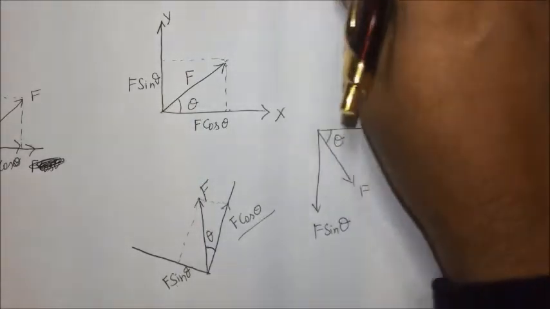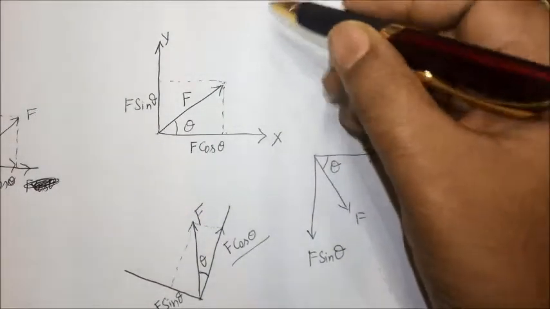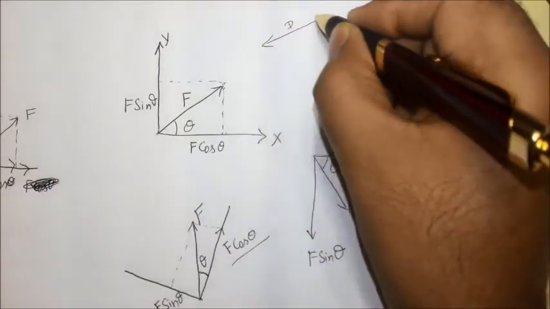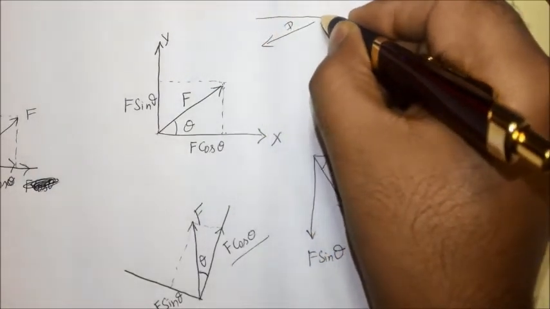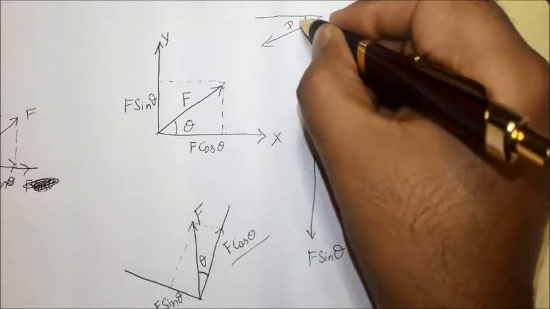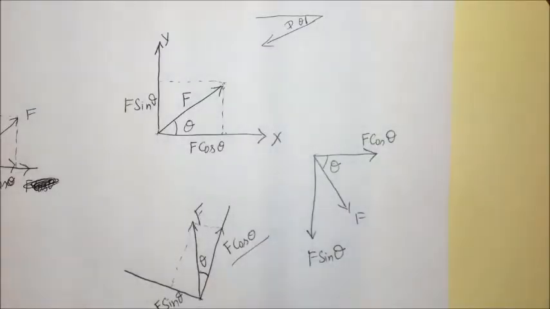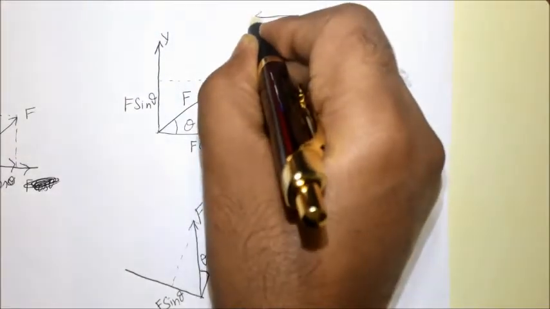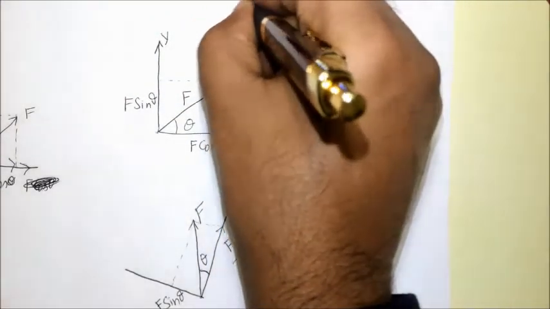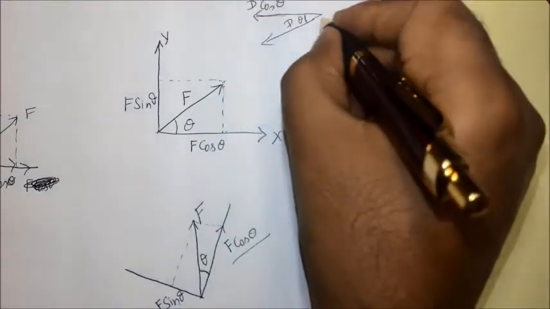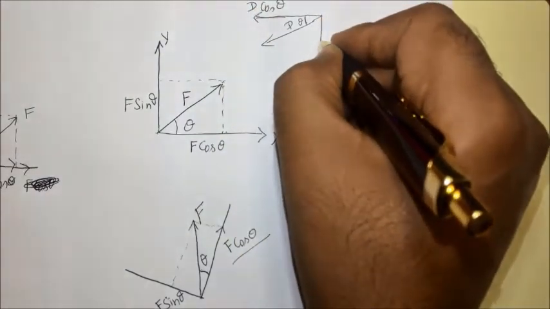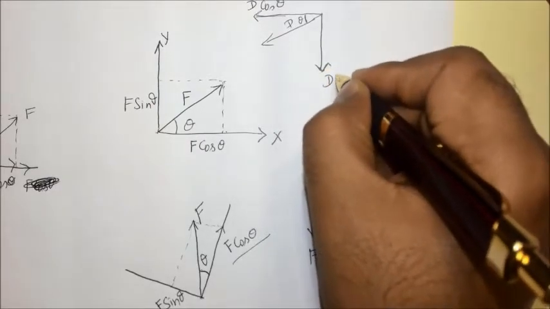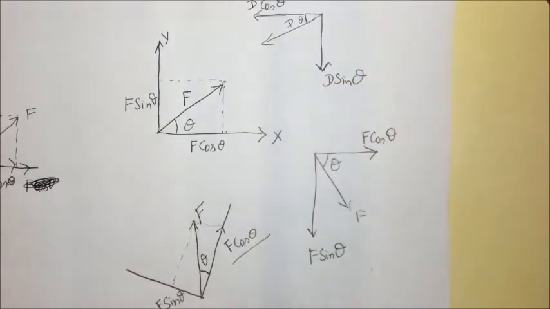If I have another vector, suppose d, tell me how much this component of d is. If this is theta, this component is directly connected to theta, so it goes d cosine theta, and the other one goes d sine theta.